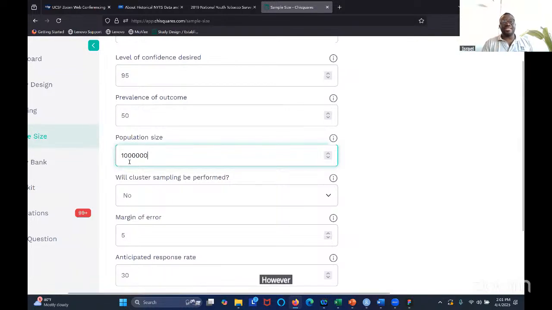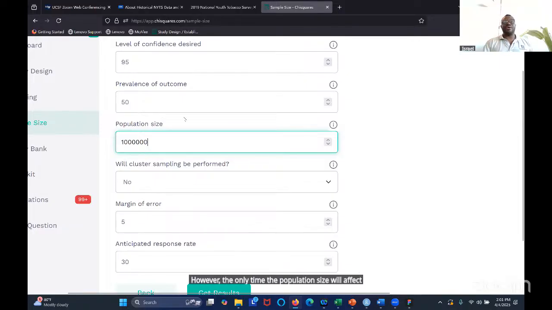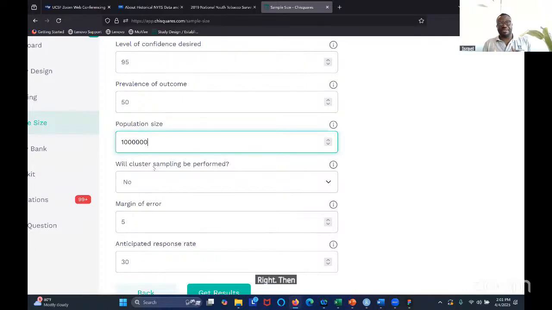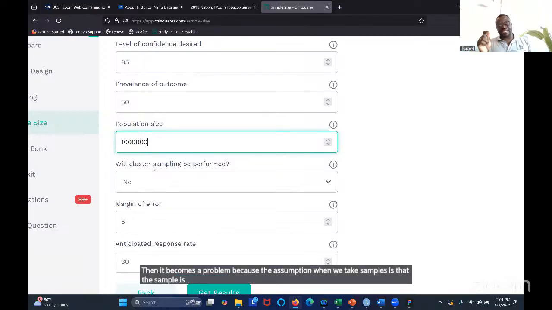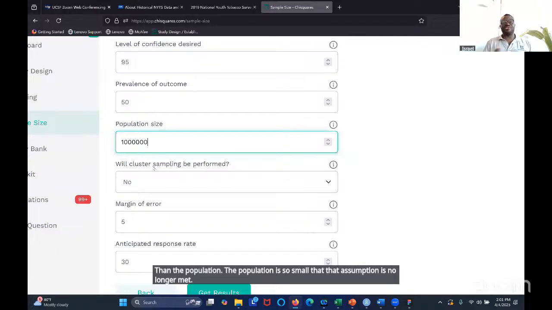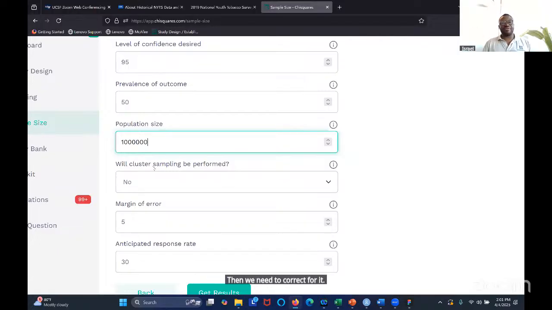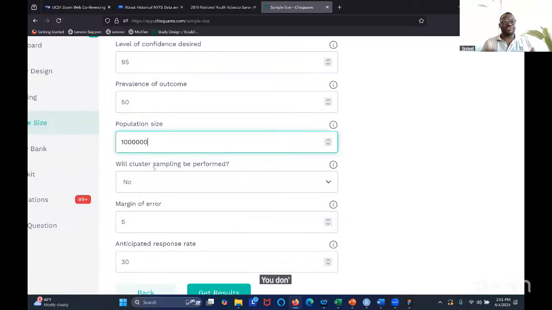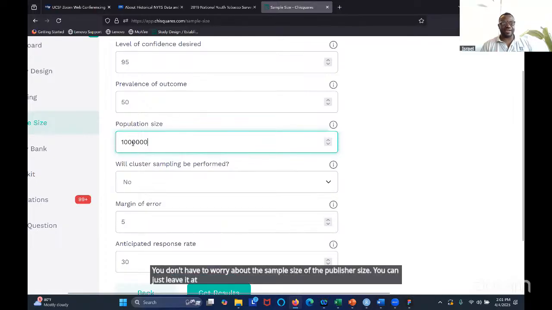However, the only time the population size will affect sample size is when the population size is very small, right? Then it becomes a problem because the assumption when we take samples is that the sample is infinitesimally smaller than the population. But if the population is so small that that assumption is no longer met, then we need to correct for it. And that's where we talk about the finite population correction. Not to bore you with the details, but bottom line is that if your population is fairly large, you don't have to worry about the population size. You can just leave it at 1 million or so, and that's fine.